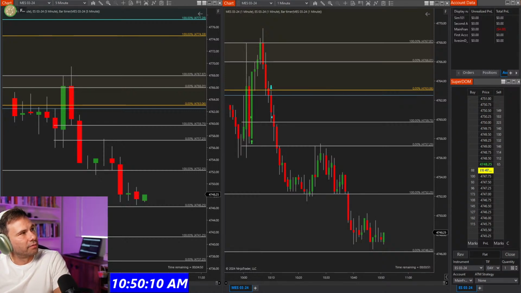I wanted to take 47.50 to the long side, but now the tick chart is too negative.